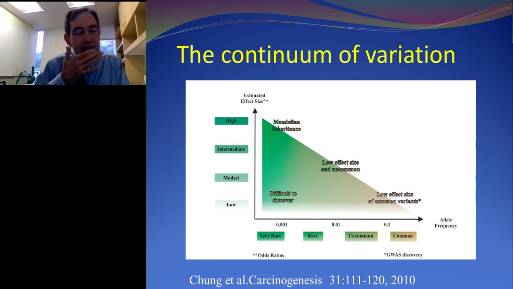So we just collect a bunch of cases, usually unrelated to anyone else, and then we collect controls, people that don't have the disease, that had a similar exposure pattern. We often require that they're from the same ethnic population.